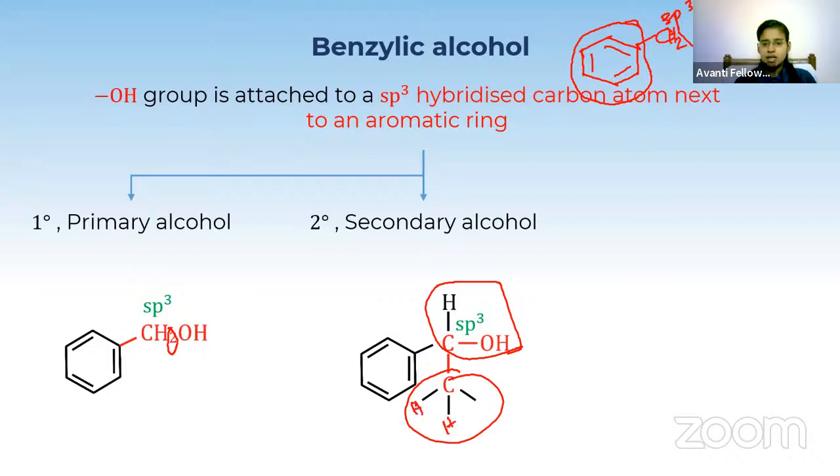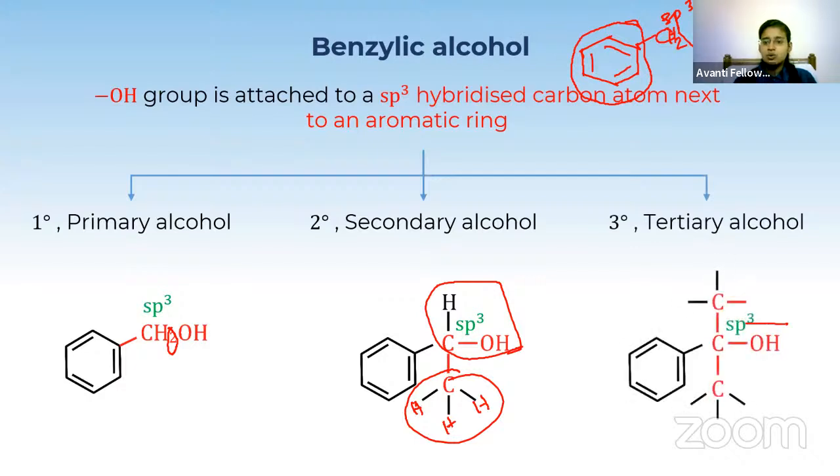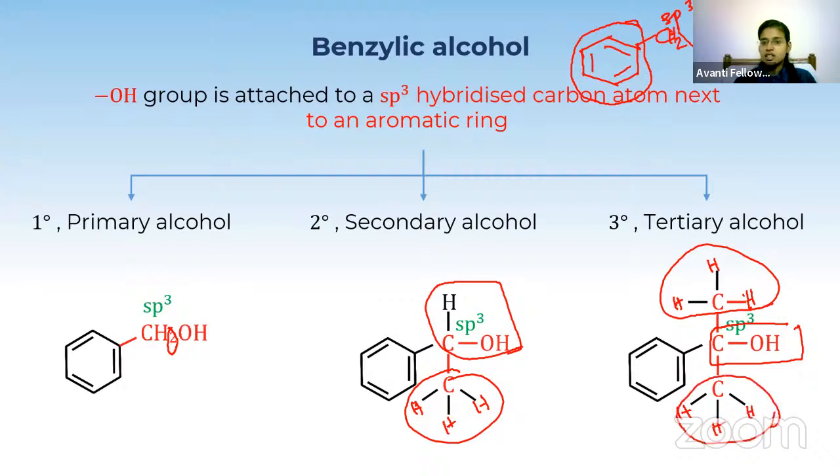All the things can be hydrogen or we can still classify this. And for tertiary, I have only COH. Okay. So this part is one alkyl part and this is another alkyl part. Okay. So this is an example for benzylic system.